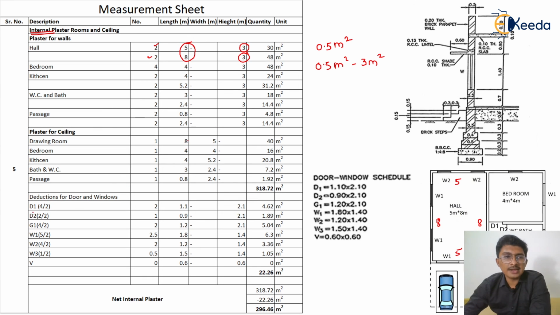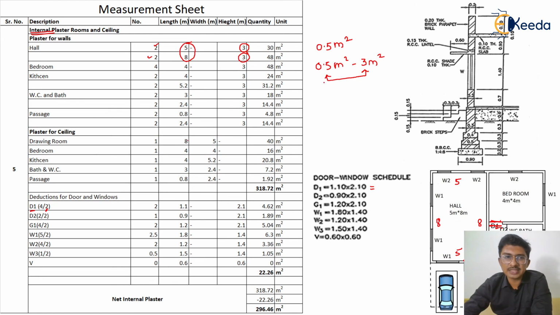So for door 1, let us see how many openings are there. For door 1, quantity is 1, 2 and 3, so three door 1s are there. Out of which, for this one both the openings are inside the house, and for this one one opening is inside. So 1, 2, 3 and 4 openings are inside the house, out of which I am going to use only 2, because the area of the door is between 0.5 to 3 meter square.